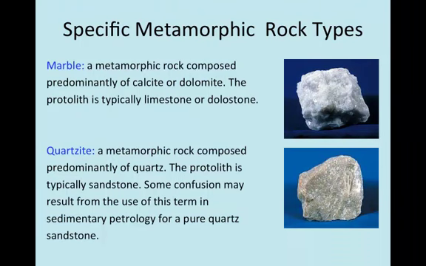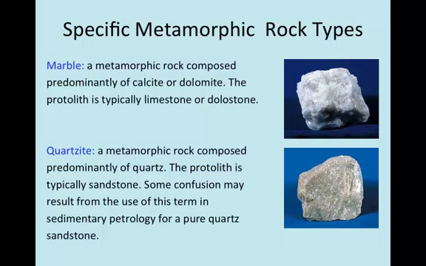There are some specific metamorphic rock types, though, that if you see a rock that falls into one of these categories, then you have a specific term that you should use to name the rock. For instance, if you metamorphose a limestone or a dolomite, it's dominantly carbonate mineral, you're going to end up with a marble.